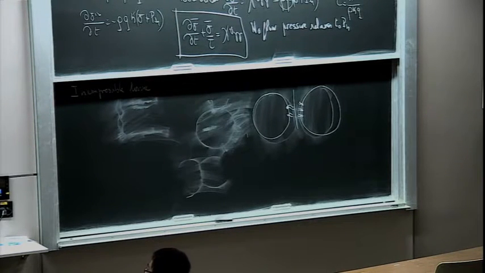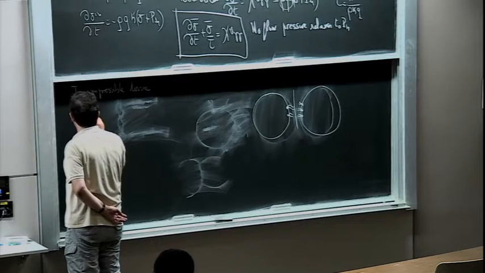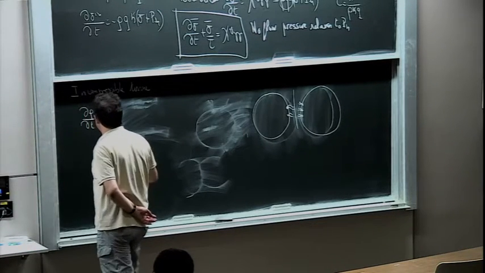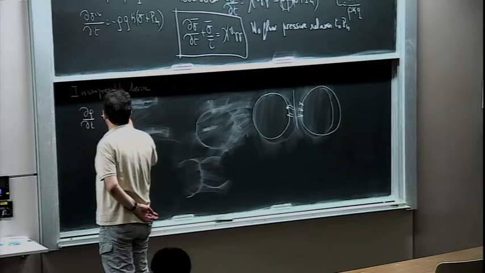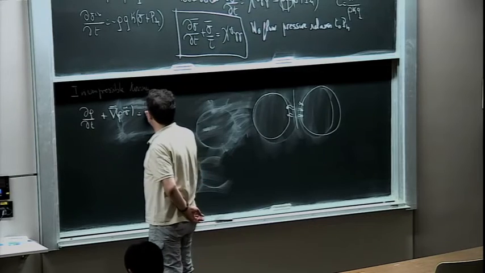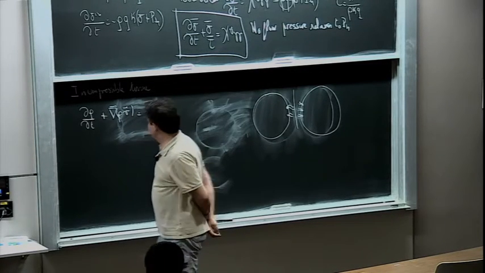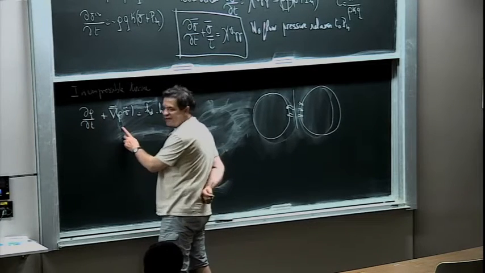If you take a tissue, what I wrote this morning is d rho dt plus divergence of rho v is equal to cell division minus cell death. Now, if rho is constant, this term vanishes.